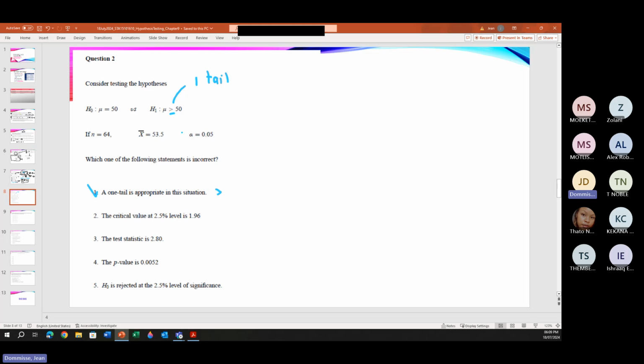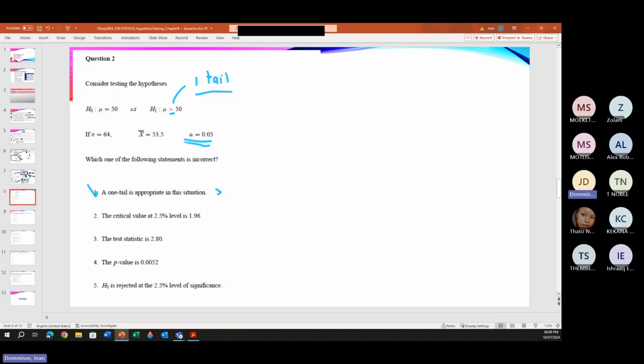Was the standard deviation left out? So let's just quickly check, and maybe it's not needed. One tail. That already tells me that we've got the mean.